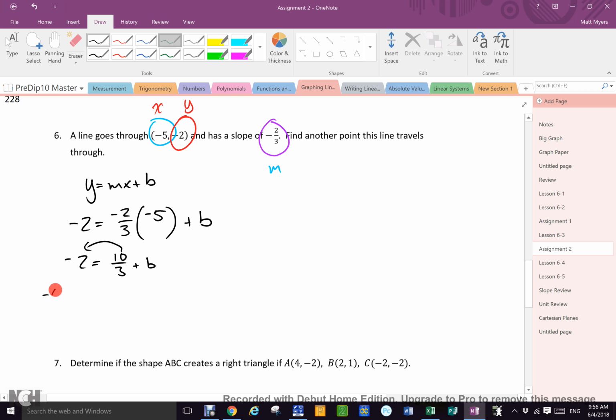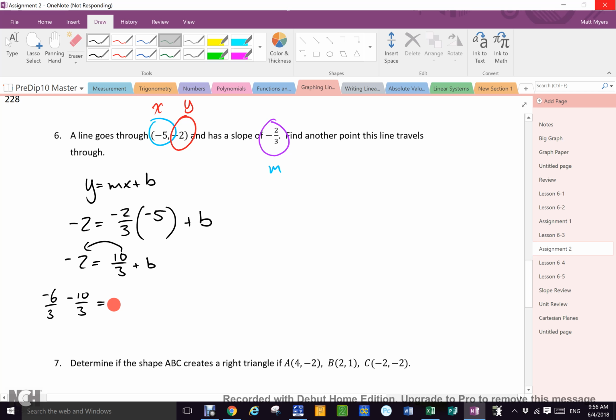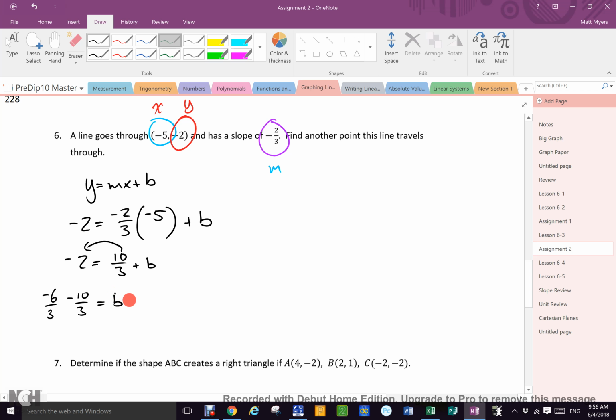Negative 2 is negative 6/3, minus 10/3 equals b. What's negative 6 minus 10? Negative 16/3. So b equals negative 16/3.